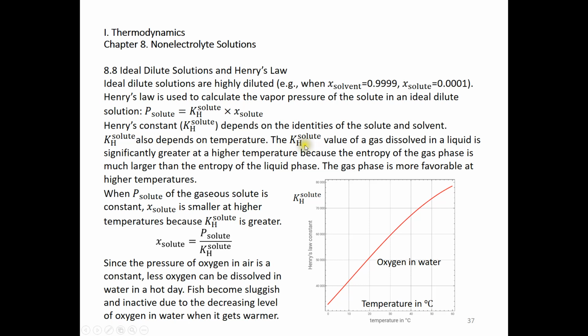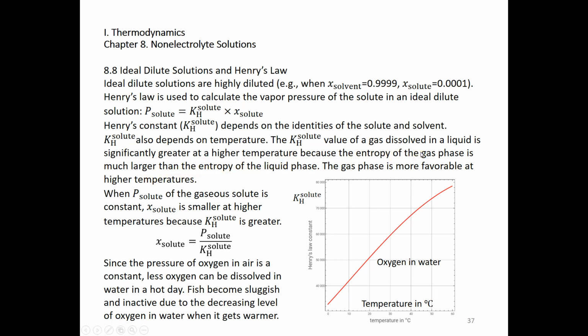Here's one example. Let's talk about the Henry's constant of a gas dissolved in a liquid. Usually this Henry's constant is significantly greater at a higher temperature because the entropy of the gas phase is much larger than the entropy of the liquid phase.